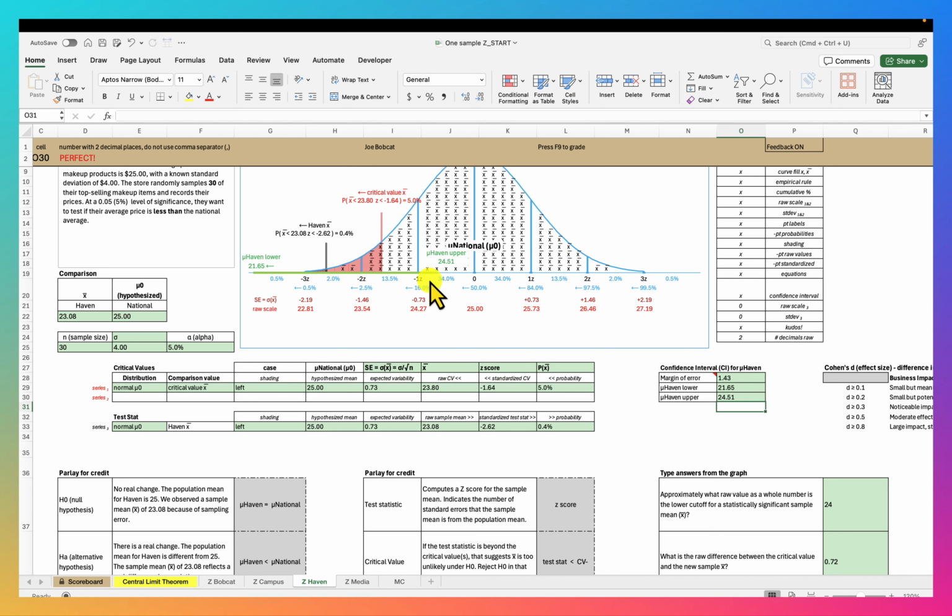And when we do that, we get a green line here. And that green line is basically telling us where the true population mean that the Beauty Haven sample came out of is somewhere between 21.65 and 24.51. We don't know exactly where.